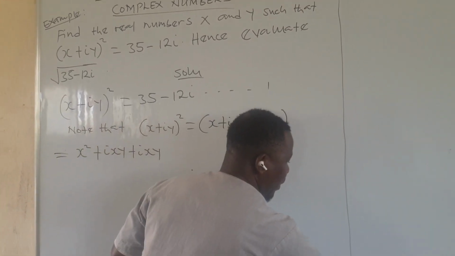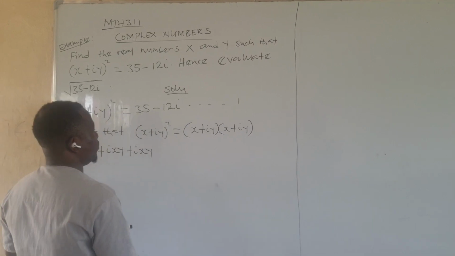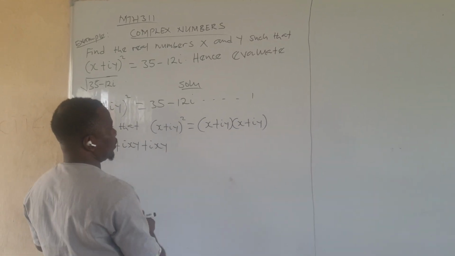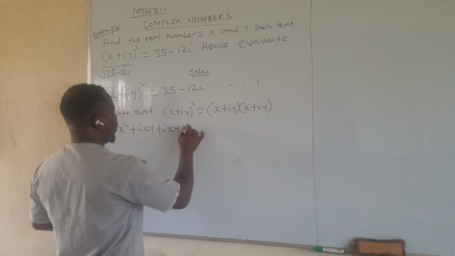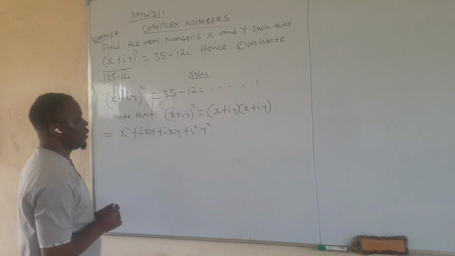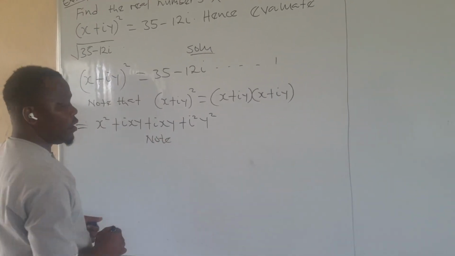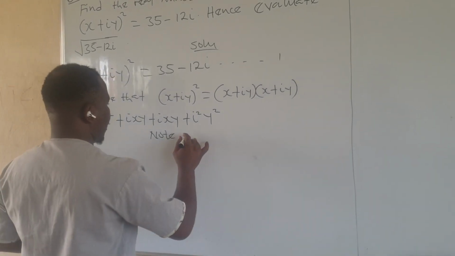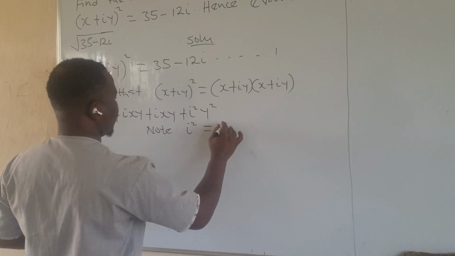Then iy times iy will give us i squared y squared. Note that in complex numbers, i squared is equal to minus 1.